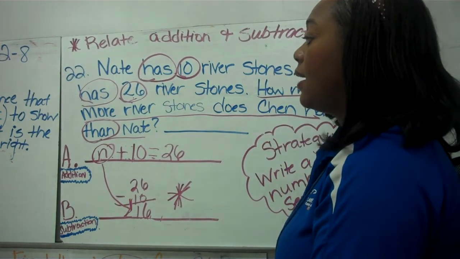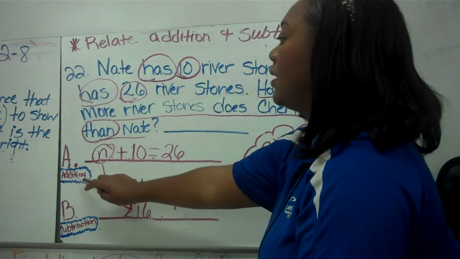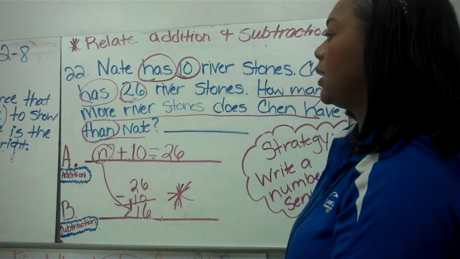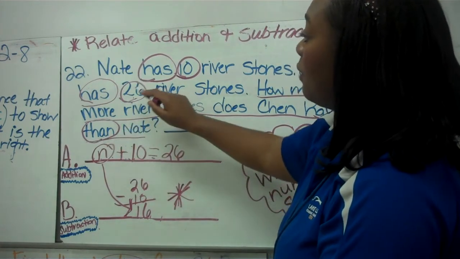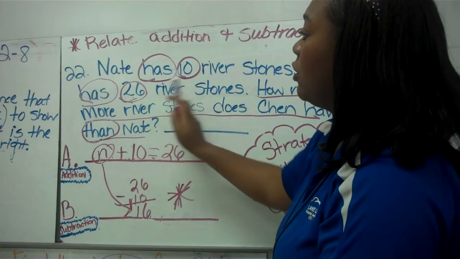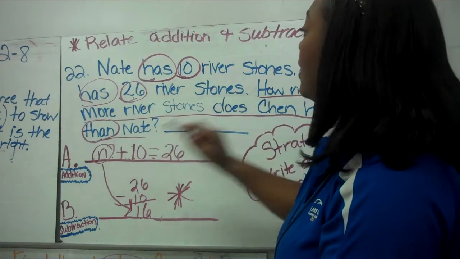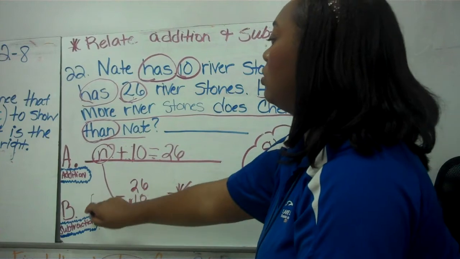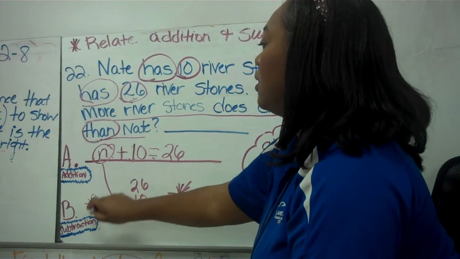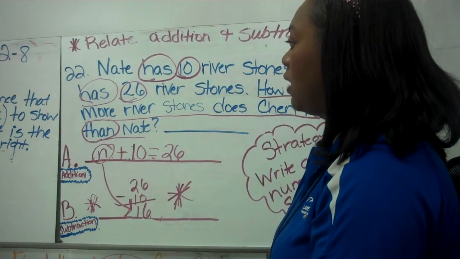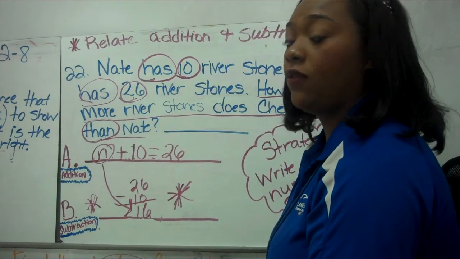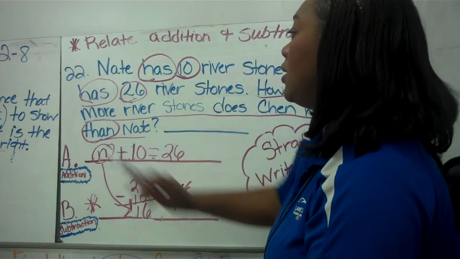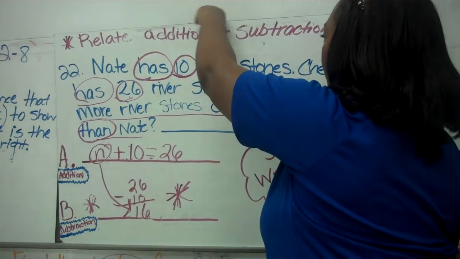So most of the time you can either write an addition or a subtraction number sentence. I like for you guys to stick with keywords, and whatever keyword you find, such as than, how many more, I'd like you to use that math operation. Those keywords tell us to subtract, but you can use addition if you turn it around and use it backwards.